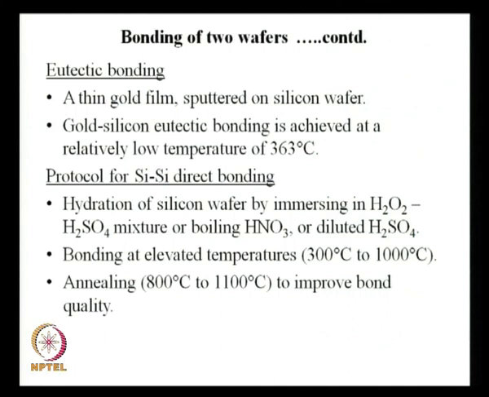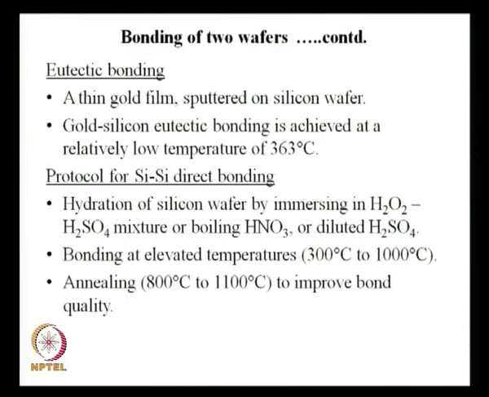Do you know what a eutectic mixture is? You have to go and read what a eutectic mixture is. Gold and silicon form a eutectic mixture. When it comes to melting of this material, it follows a different temperature. It becomes a single phase.